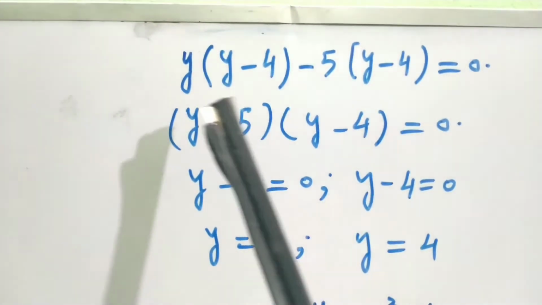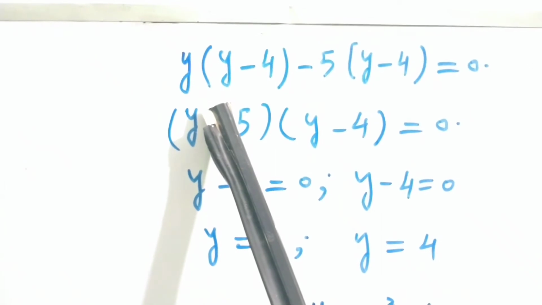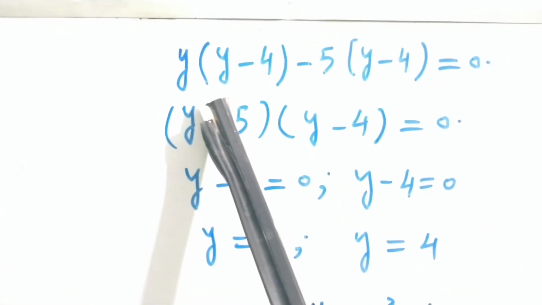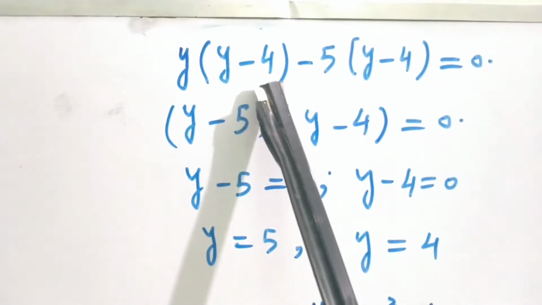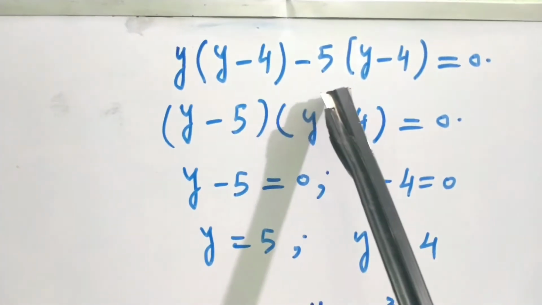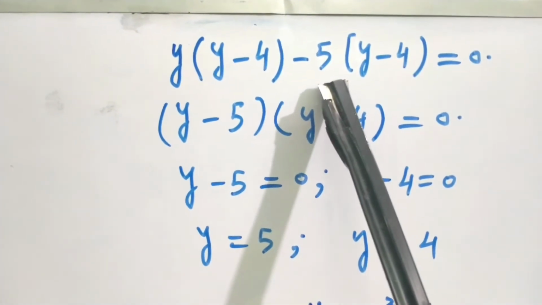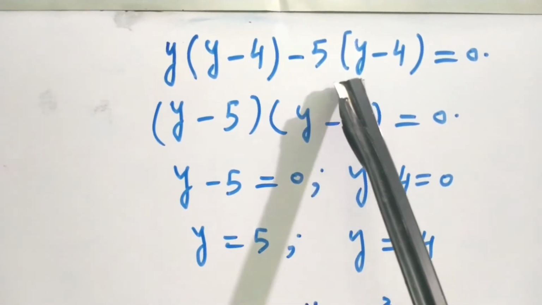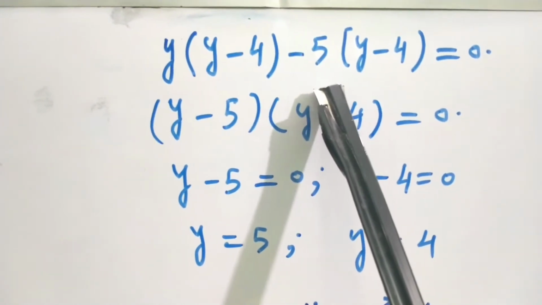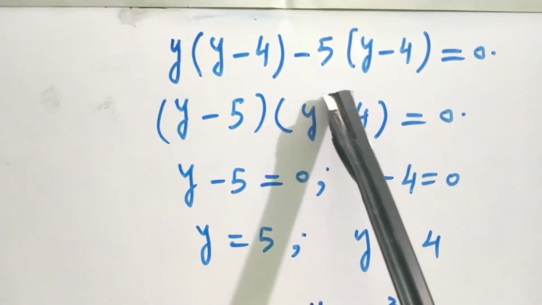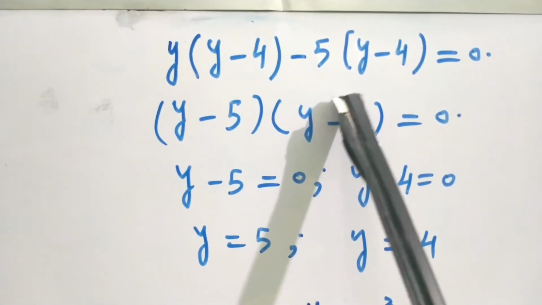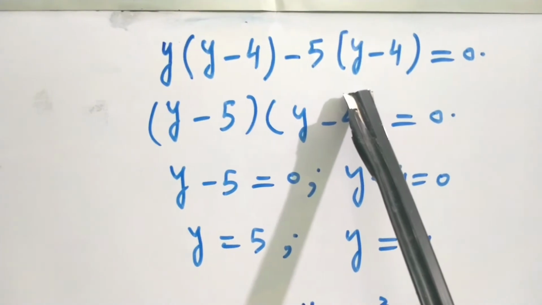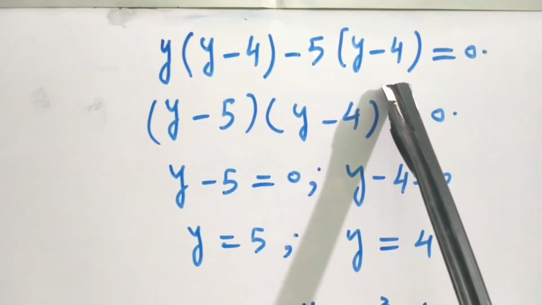If we take y as common from the first two terms, y² - 4y, we get y(y - 4), and from the third and fourth terms, -5y + 20, the negative 5 is common, so -5(y - 4).